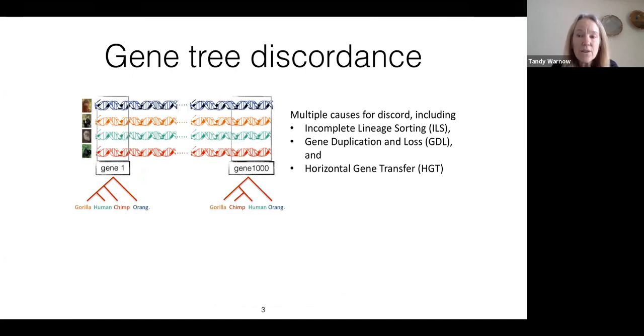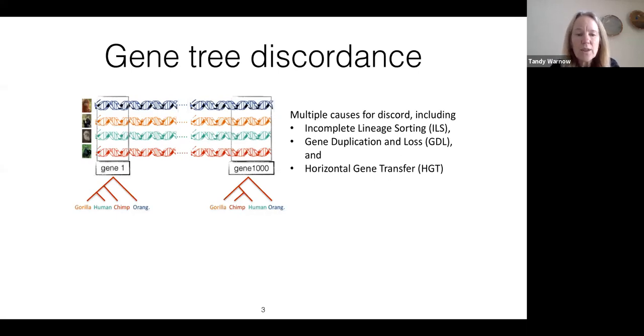All of them can lead to differences in the gene trees as you move across the genome, and they all can cause problems. The one that's the most well understood is incomplete lineage sorting, so I will spend some time talking about that. But gene duplication and loss is what leads to paralogy, and I will talk about that as well. I won't actually talk about horizontal gene transfer today.